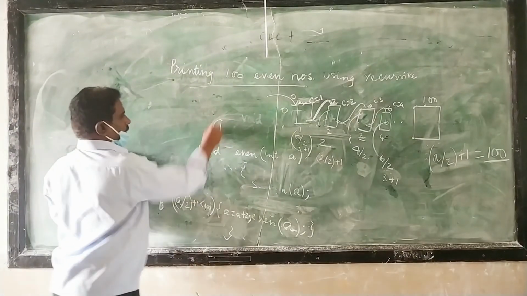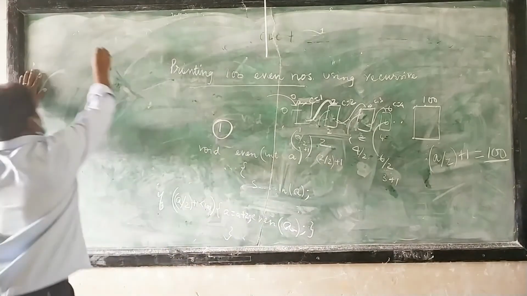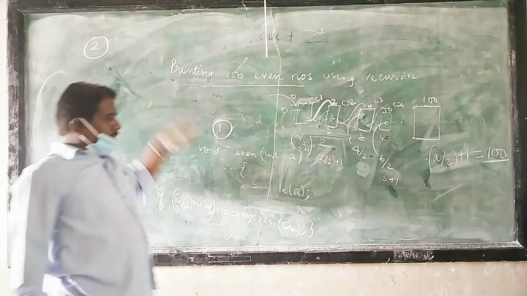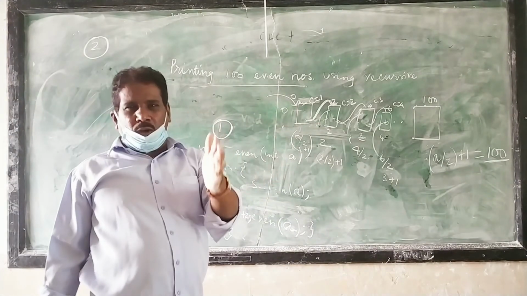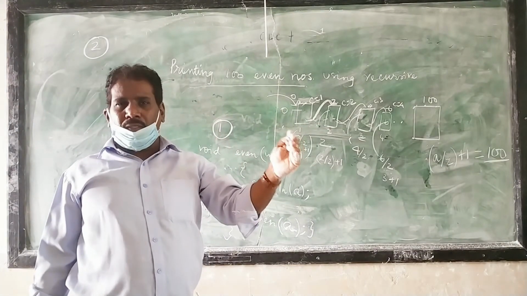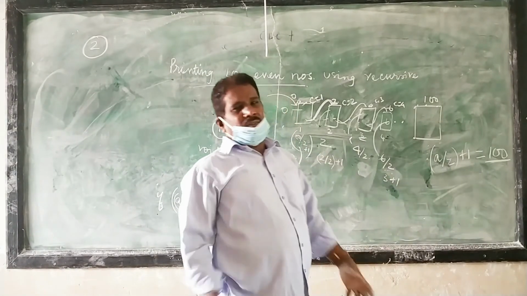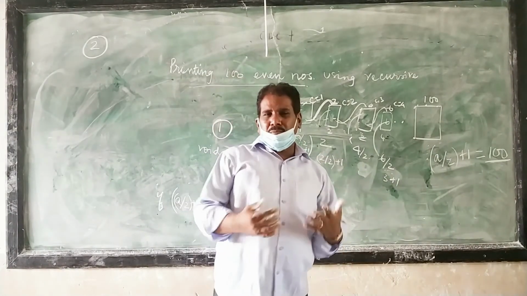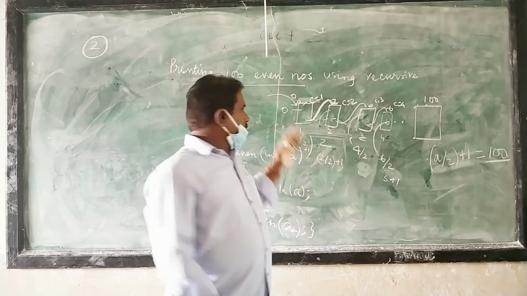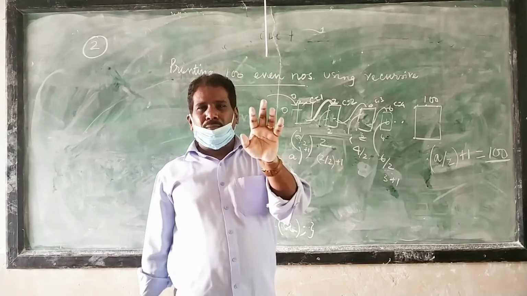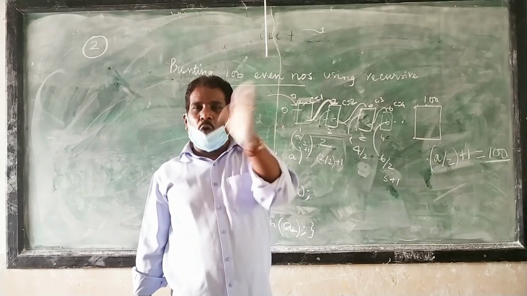This is one method. I am going to talk about the second method. In the second method, we are going to do the same work in a simple way, because here we are working back and forth in a confusing manner. So, a simple way: whenever we get an even number, along with the even number we will do counting also.